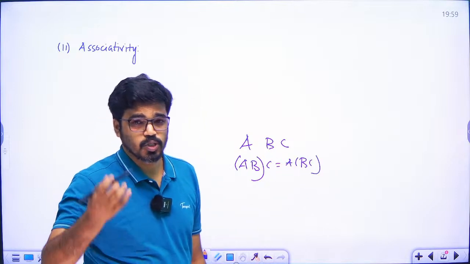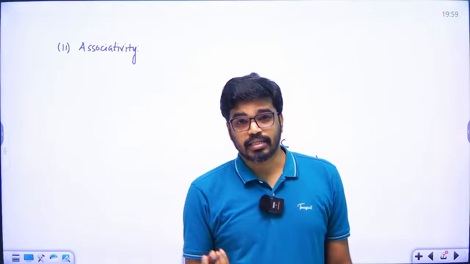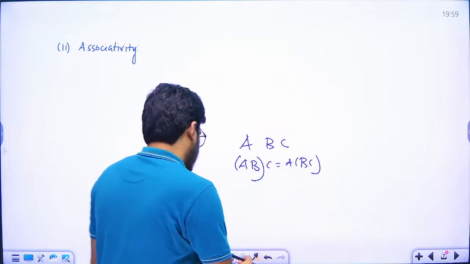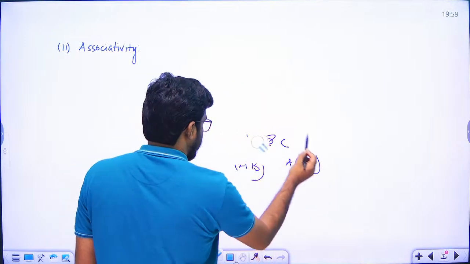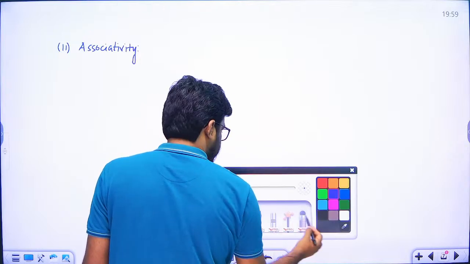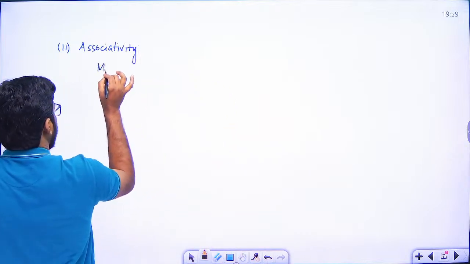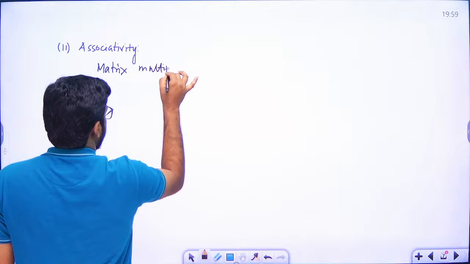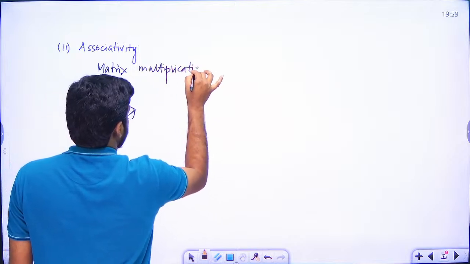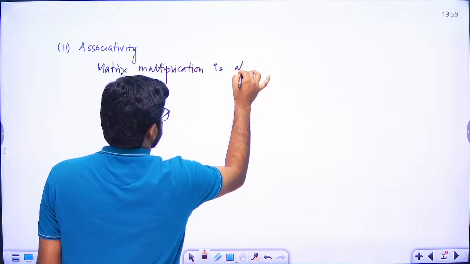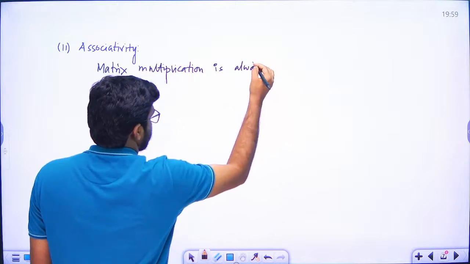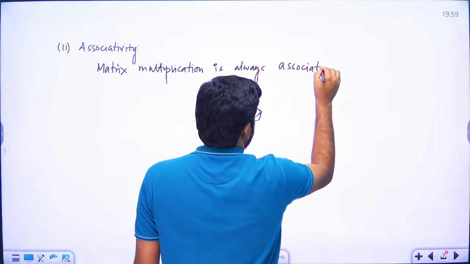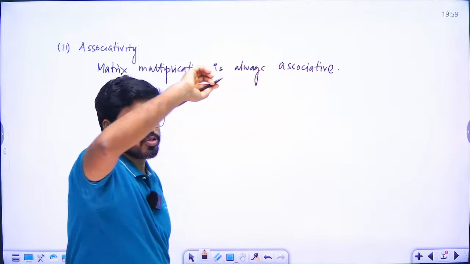Matrix multiplication is always associative, but matrix multiplication may not be commutative. So the associative property holds.